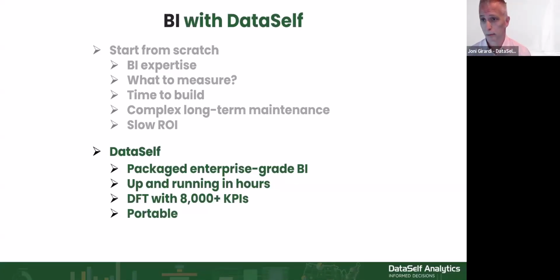It's portable. With DataSelf, as you start the journey, if in the future you decide to change the platform from AWS to Fabric or vice versa, or you decide to detach from DataSelf, you can port to the other solution, or you can get all the metadata from the DataSelf system and hard code it into your next platform and continue.